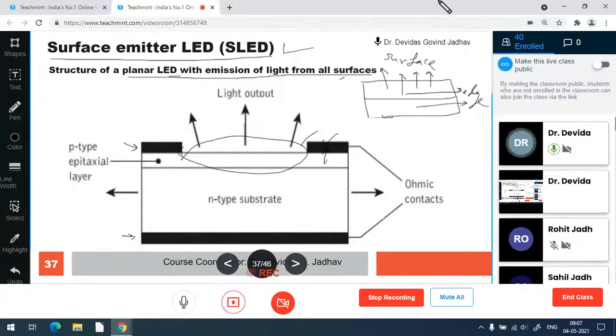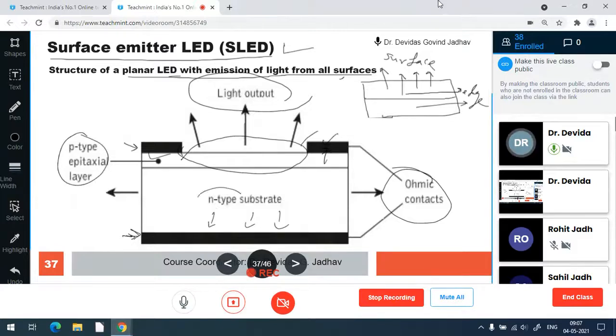That area is normally circular, and through it light output can be taken out into the medium. The lower side metallization is complete, so photons cannot come out from this area. These are the ohmic contacts or metal contacts. This is the P-type epitaxial layer, this is the N-type substrate, and this is the PN junction. When it is forward biased, it gives the light output in this direction.